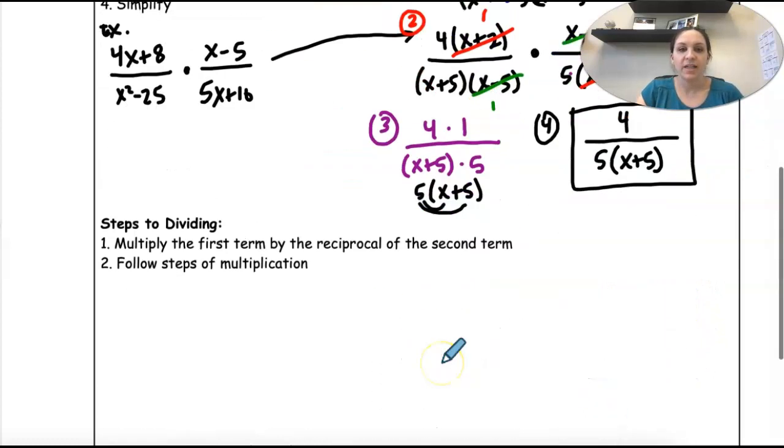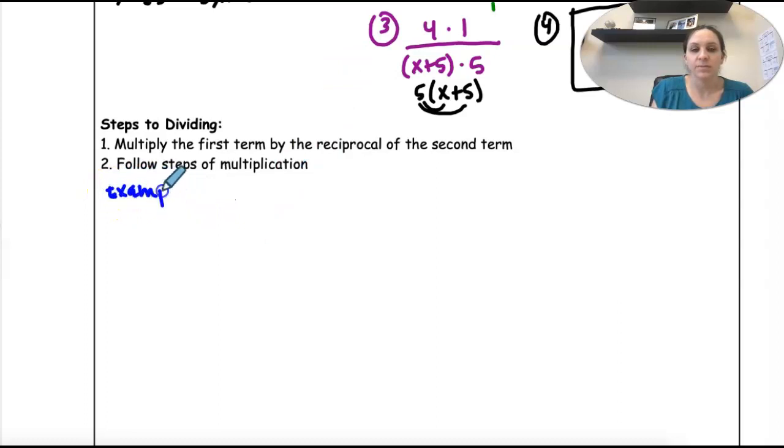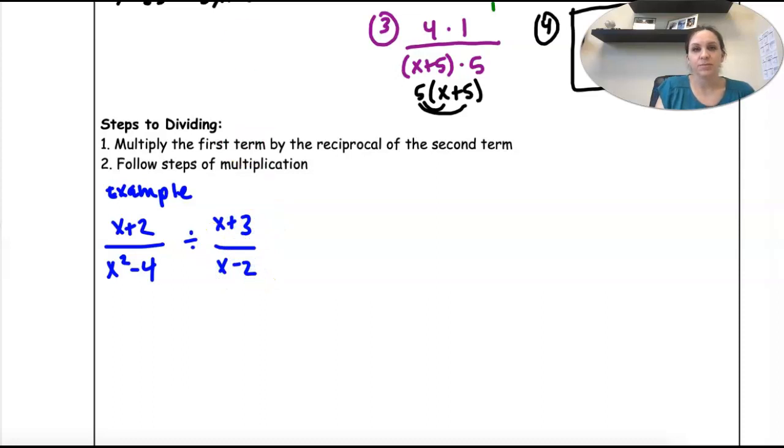Okay, so dividing, the only thing is you take the reciprocal. So I'm going to do an example of x plus 2 over x squared minus 4 divided by x plus 3 over x minus 2.